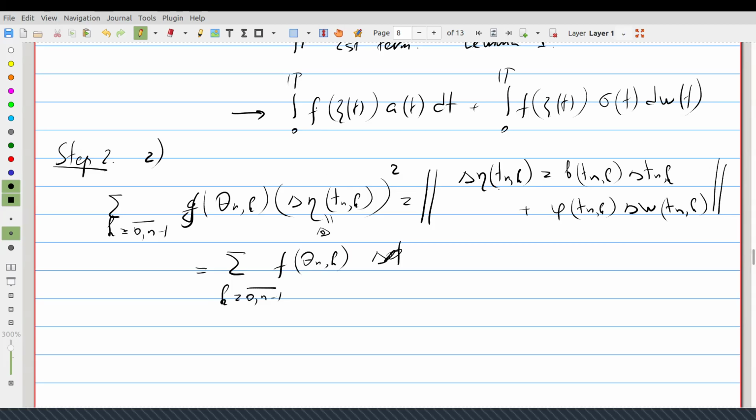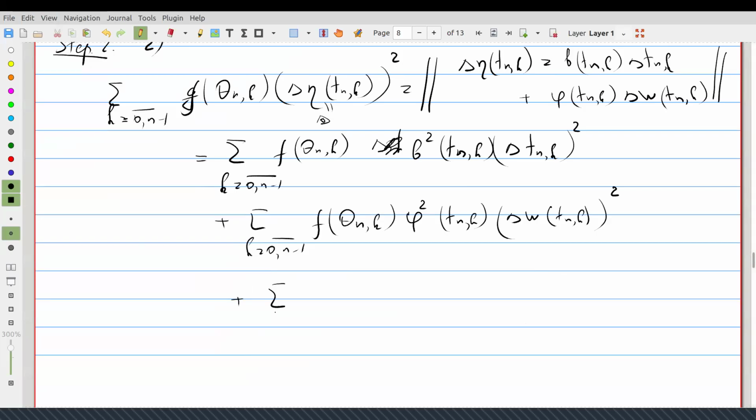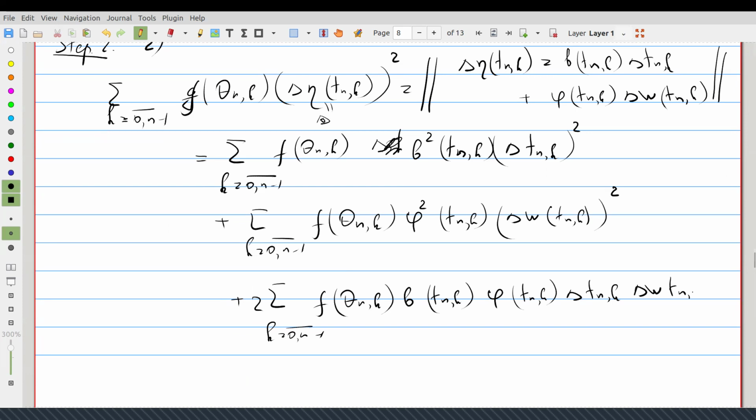So by taking squares of the sum, I obtain the sum of b squared t_nk delta t_nk squared, plus the sum for k from 0 to n minus 1 of f of theta_nk phi squared t_nk delta W t_nk squared, plus a cross term, or more precisely, two sums of f theta_nk b t_nk phi t_nk delta t_nk delta W t_nk.